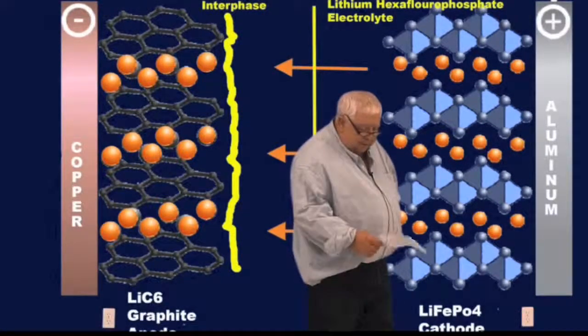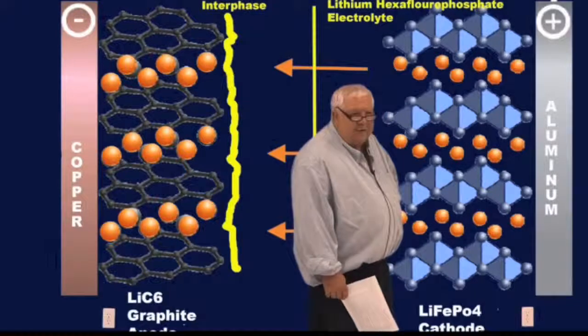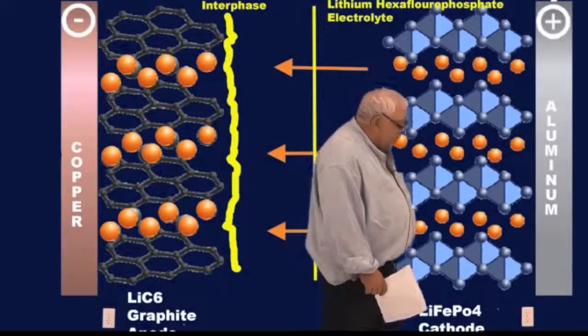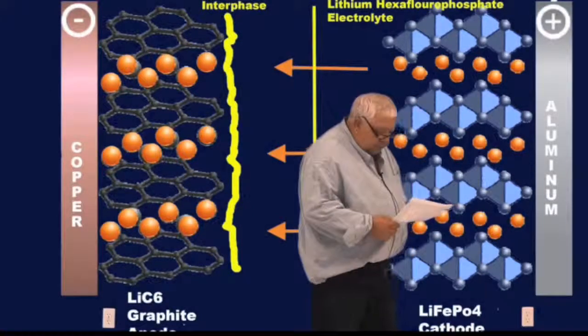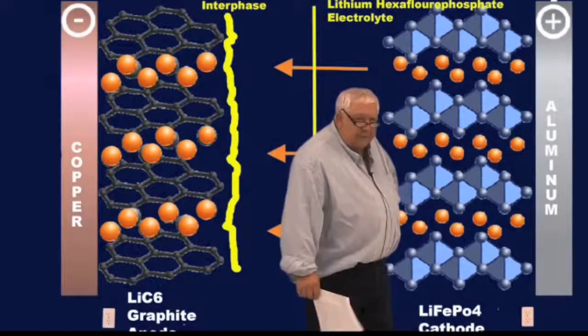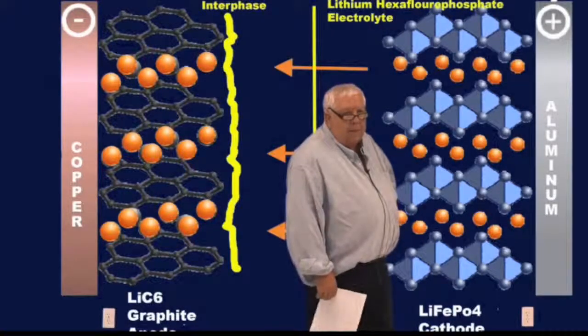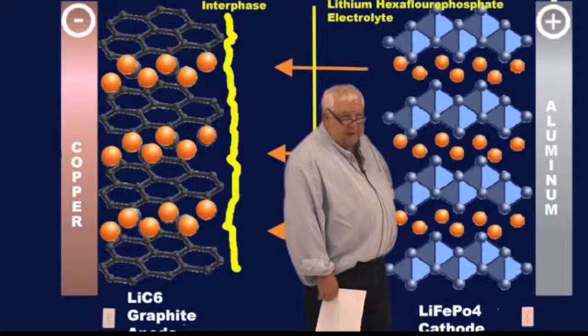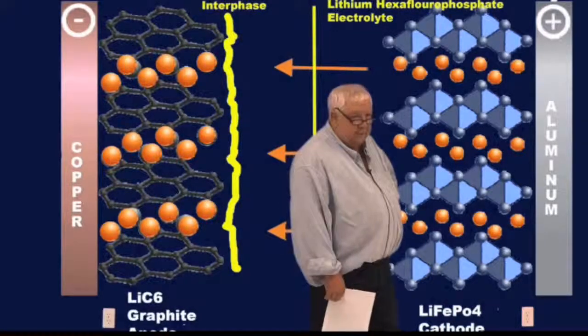That material consists of a binder, some glue essentially, that attaches the material to the aluminum current collector, and in our case, lithium iron phosphate. Iron phosphate, or ferric phosphate, is actually fertilizer. It's very inexpensive and very common.